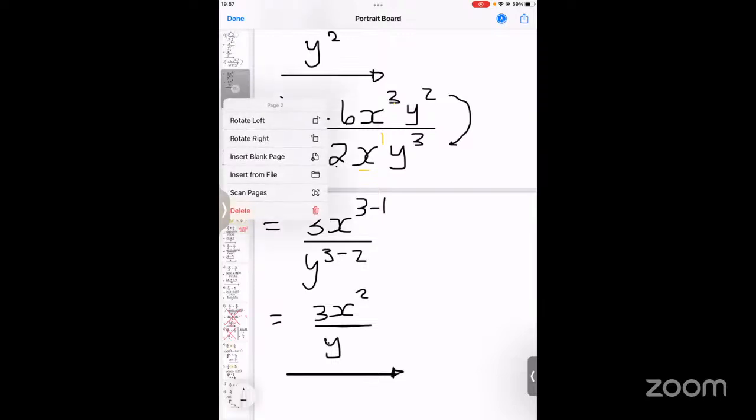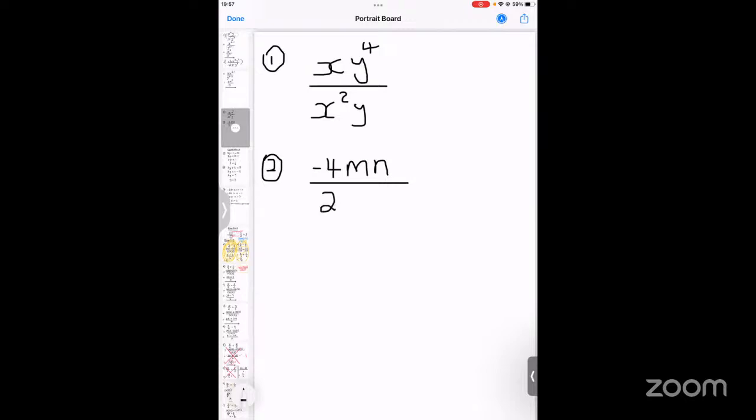Okay, very quickly, let me give you this one until I'm satisfied. I'll just create my own and say x, y, over x squared 1, and 2.